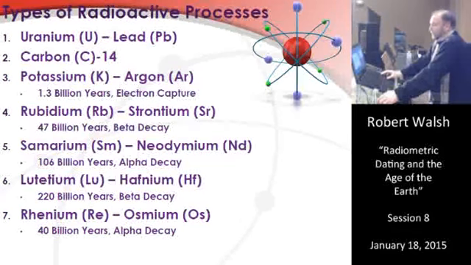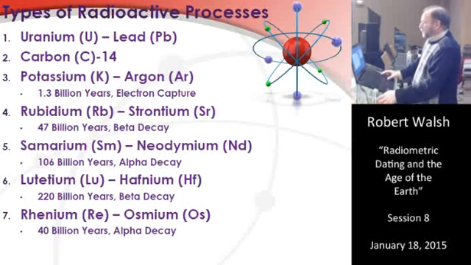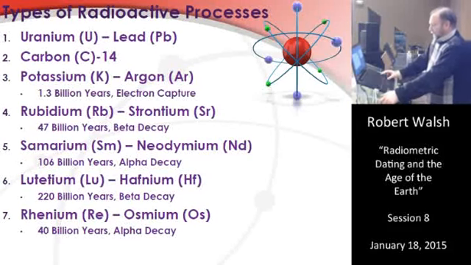Rubidium-strontium, 47 billion years. In other words, the half-life of this material, it takes 47 billion years for half of it to decay from rubidium to strontium.